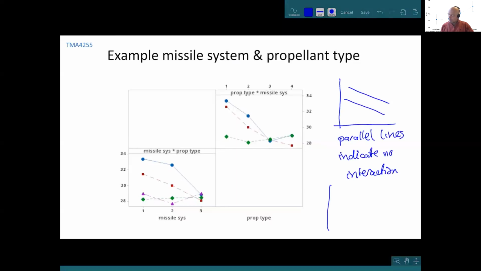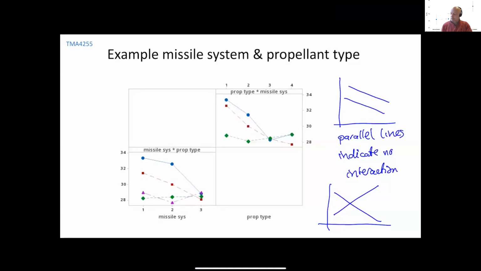So if you see big interaction, you might see something like this, where the lines go up and down, and there's definitely a difference whether we keep one high and then look at the effect of the other, or if we keep one low and look at the effect of the other. That's what these interaction plots show. It requires some twisting of one's head to get around these interaction parts.